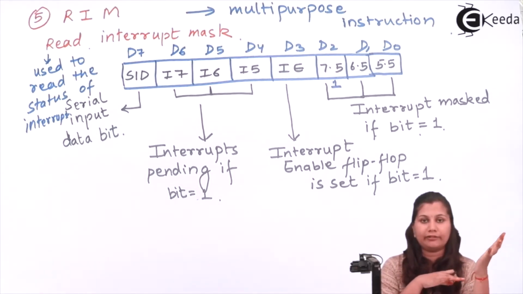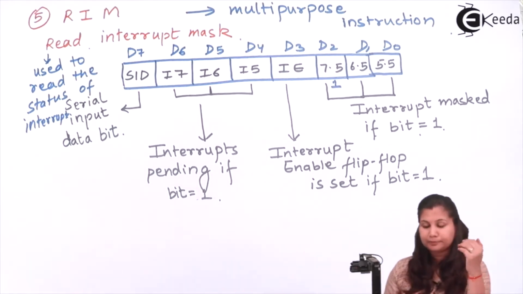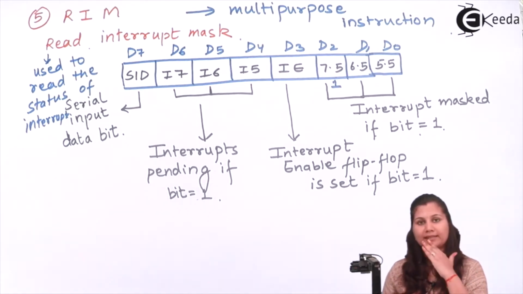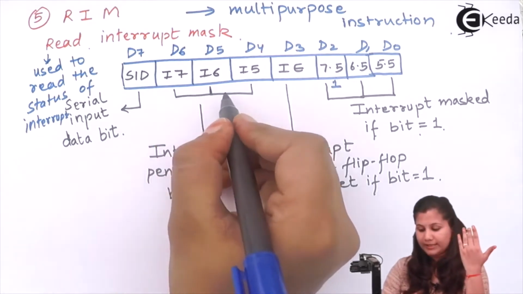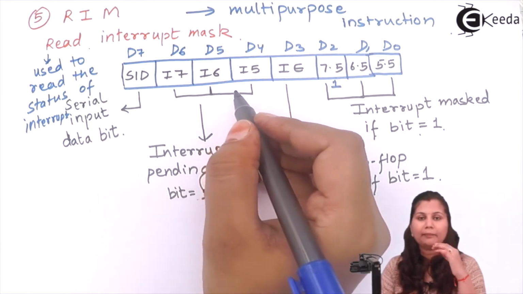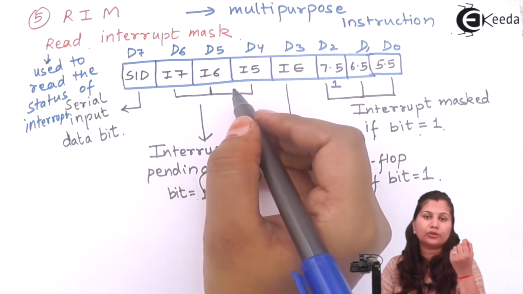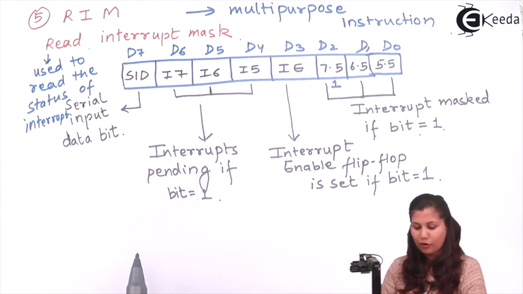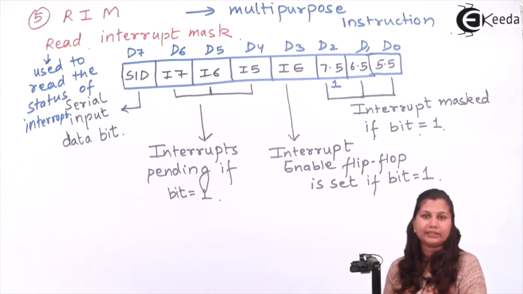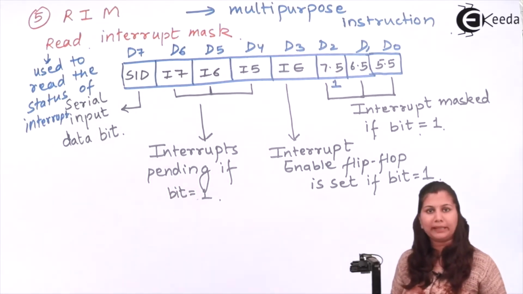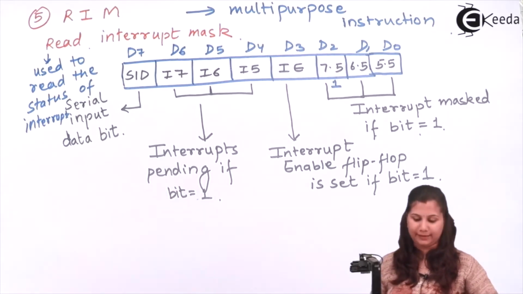So the priorities will be defined. If the microprocessor is executing the first interrupt, then these 3 bits will show that another interrupt is pending. The microprocessor has to execute this interrupt also. So these 3 bits define whether any interrupt is pending. If it is 1, it means there is a pending interrupt in the microprocessor.